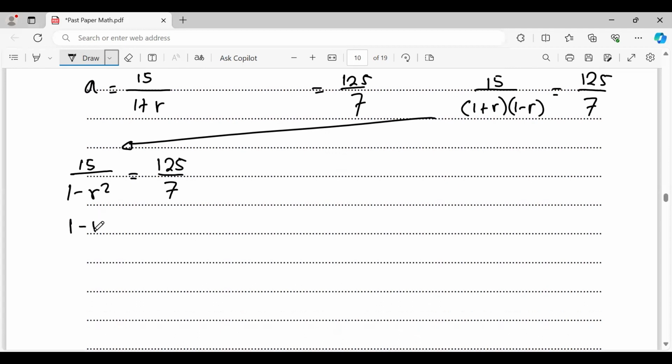So 1 minus R squared equals 15 times 7 over 125. By 5, 3, and it's 125. So 1 minus R squared equals 21/25.